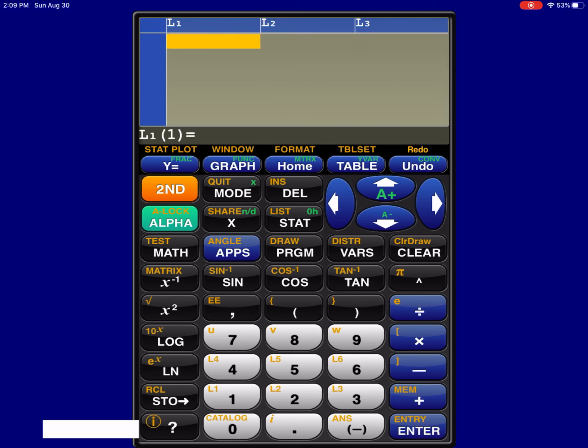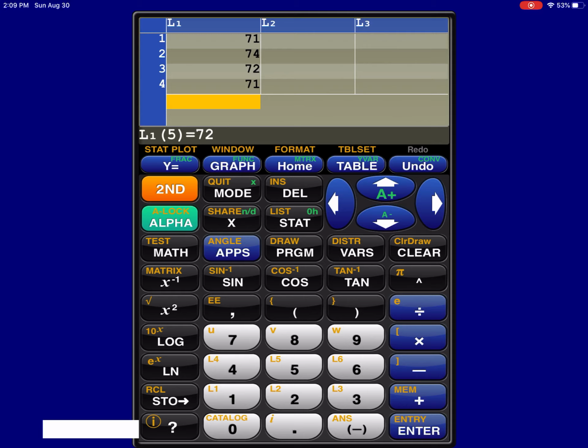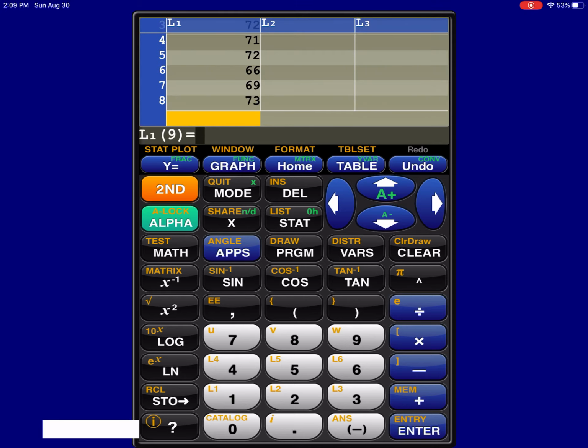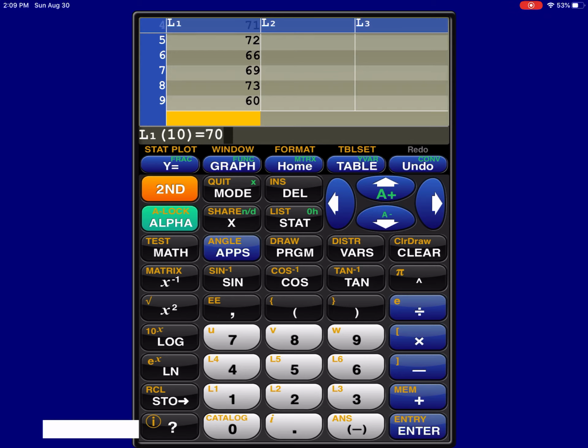Then under L1, you enter the heights of the 10 students. So I have 71, enter, 74, enter, 72, enter, 71, enter, 72, enter, 66, 69, 73, 60, 70.